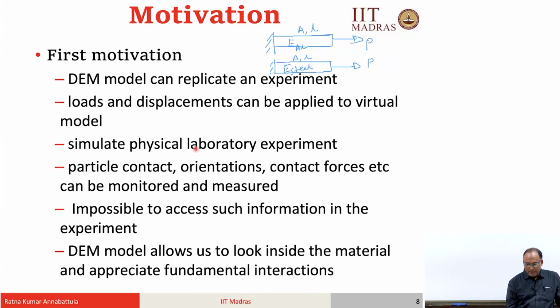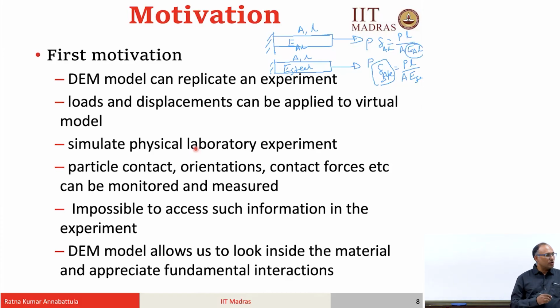Now, the displacement in the aluminum bar is delta aluminum equal to PL by AE aluminum, and delta steel is equal to PL by AE steel, right. So, depending upon what this material is, your deformation will be different.